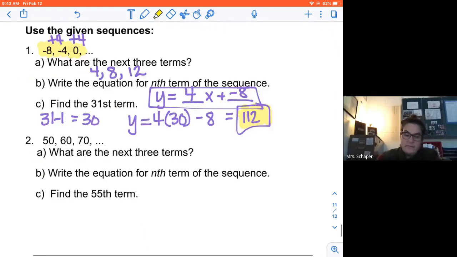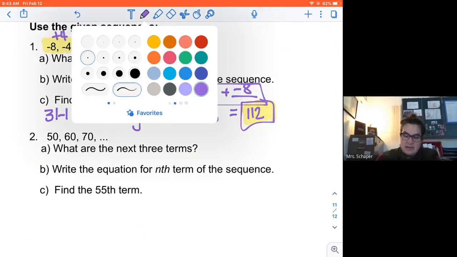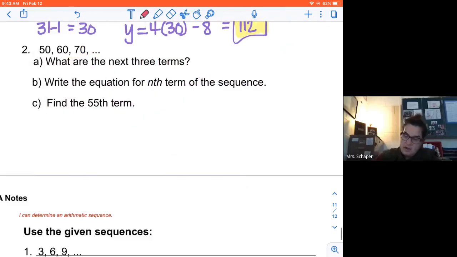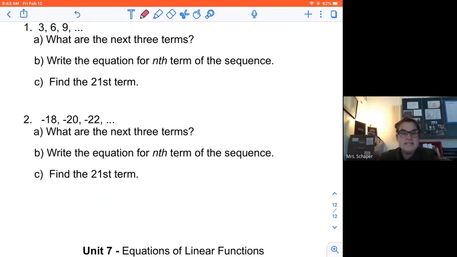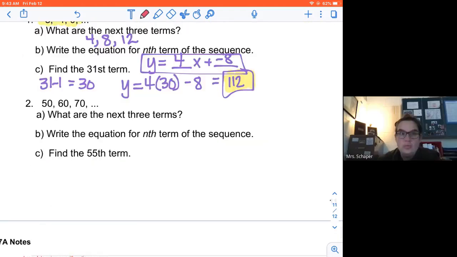Next one, 50, 60, 70. Ooh, that gets kind of dizzying. Sorry about that. What are the next 3 terms in my sequence? Well, it looks like I'm adding 10 each time.